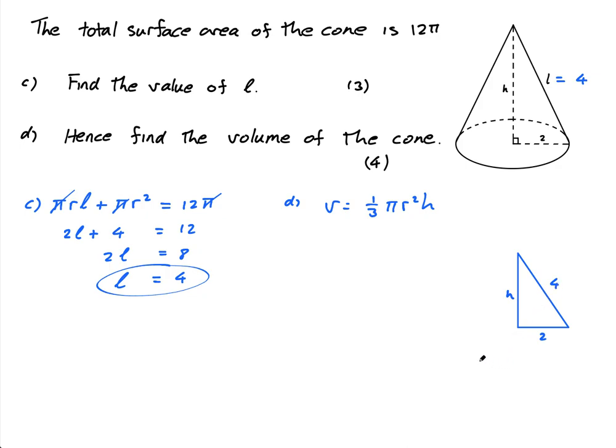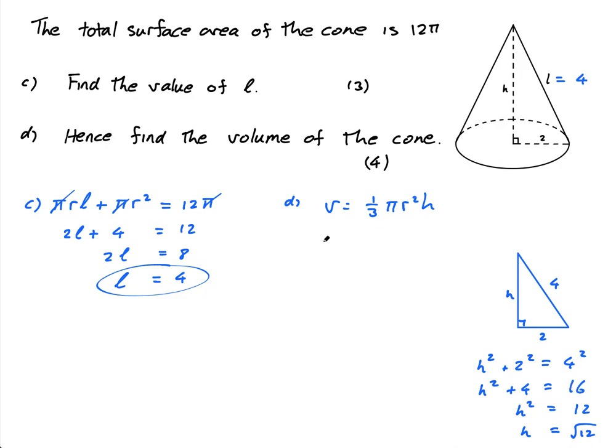I can say, this is Pythagoras' theorem, h squared plus 2 squared equals 4 squared, h squared plus 4 equals 16, h squared equals 16 minus 4, which is 12, h is equal to root 12. And it's obviously positive because it's a height.